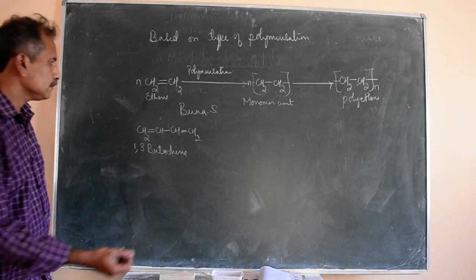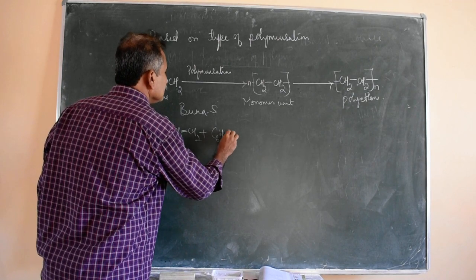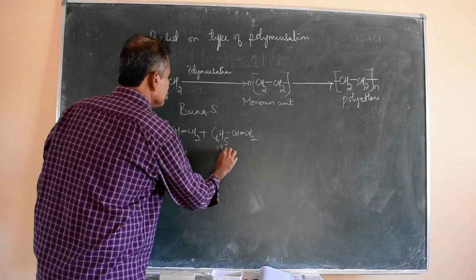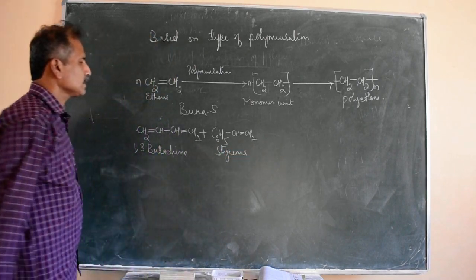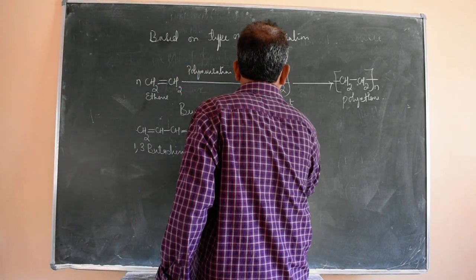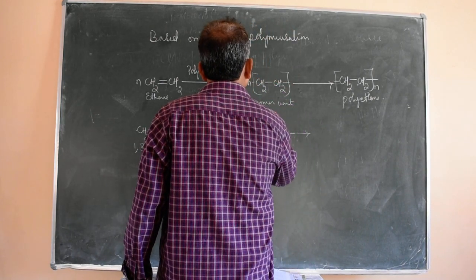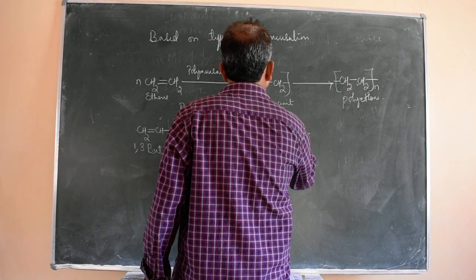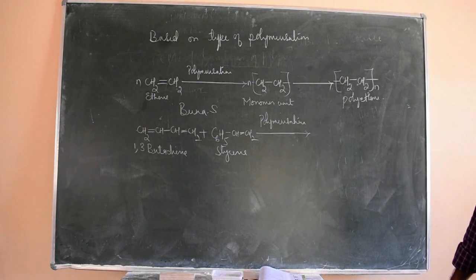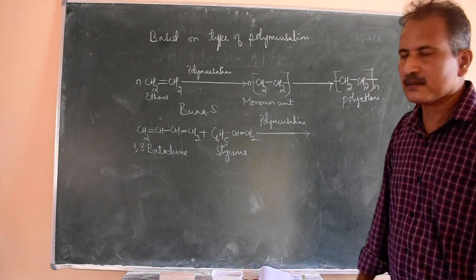And you can add styrene to that. This is styrene, right? So you can add them. So you get a polymer called the butadiene styrene polymer, or simply called BONA-S.